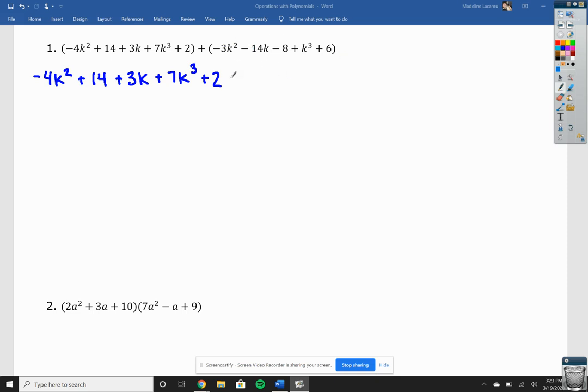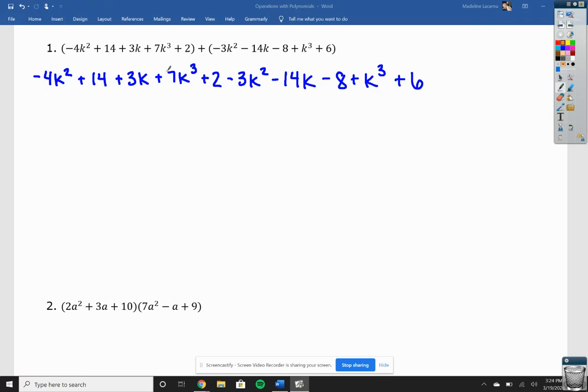I'm just going to rewrite all of these. So negative 3k squared minus 14k minus 8 plus k to the third plus 6. Now all we need to do is find all of our like terms. So I'm going to start with my highest degree, which is going to be the power of 3's.